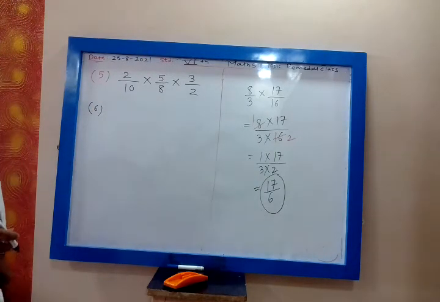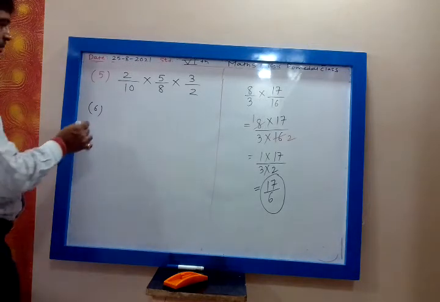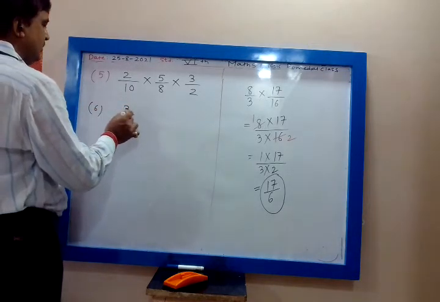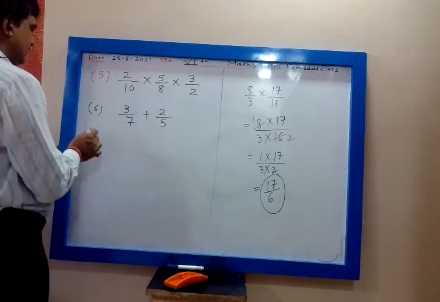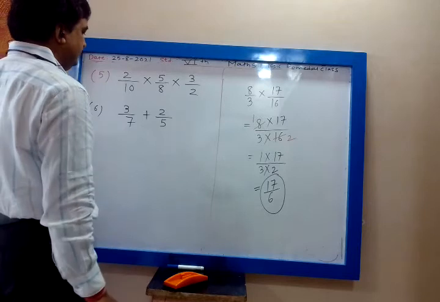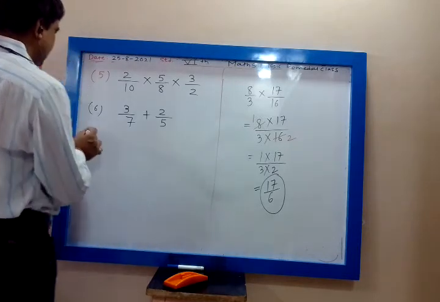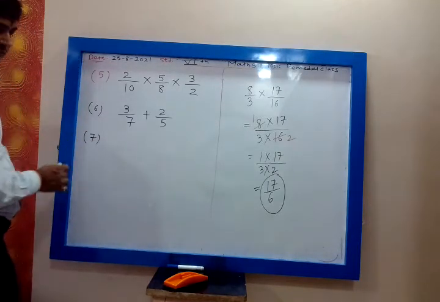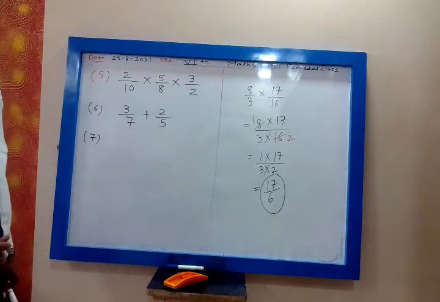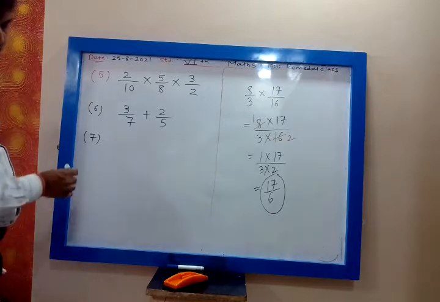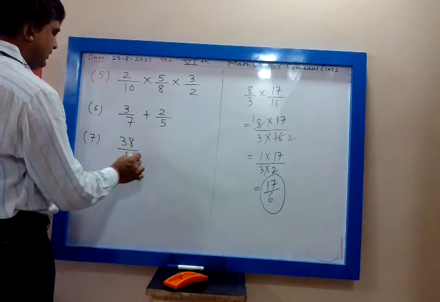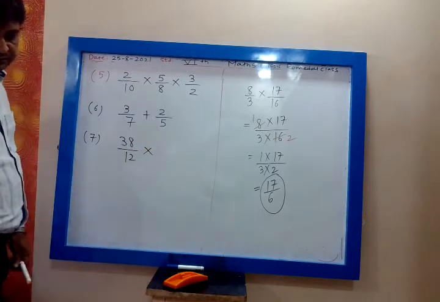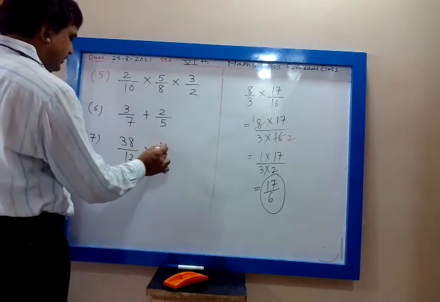Sixth is 3 by 7 plus 2 by 5. Then seventh, 38 by 12 multiplied with 14 by 19.